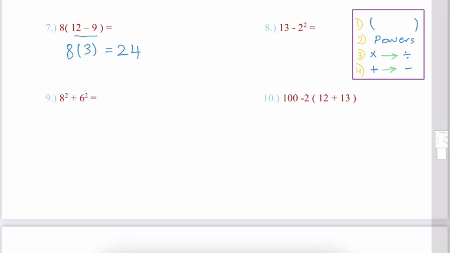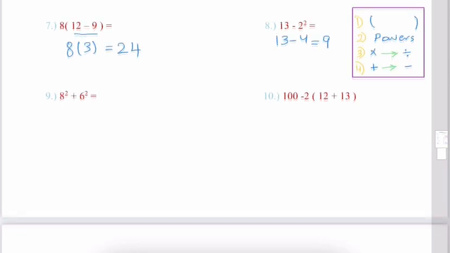Question 8. 13 minus 2 power 2. First, I have to start with the powers. 2 power 2 is 4, so I have 13 minus 4. 13 minus 4 is 9. Question 9. 8 power 2 plus 6 power 2. As you can see, we have powers, then we have an add sign, then we have another power.